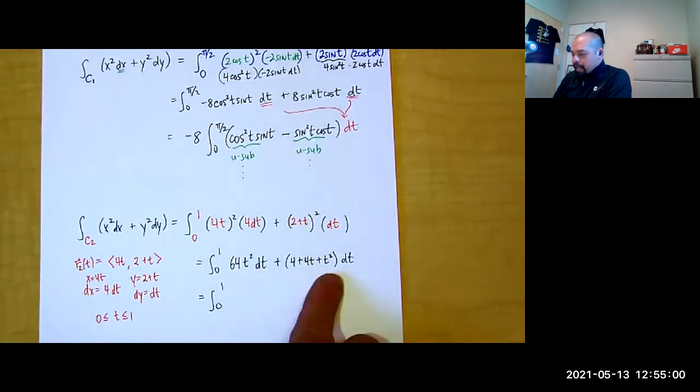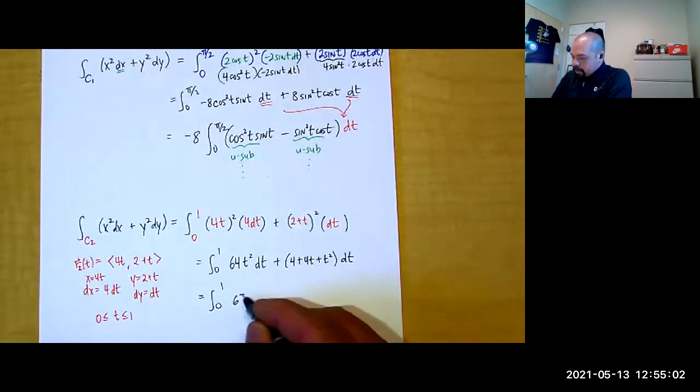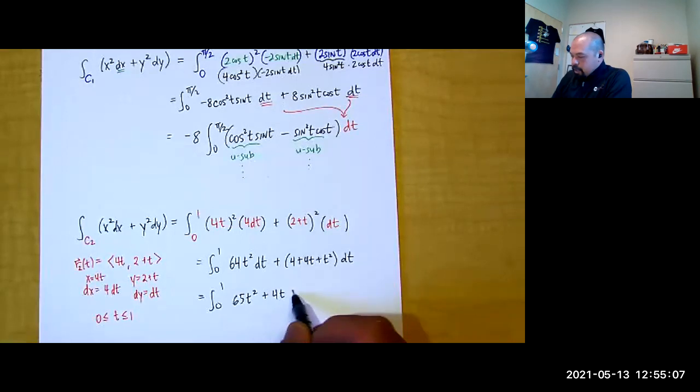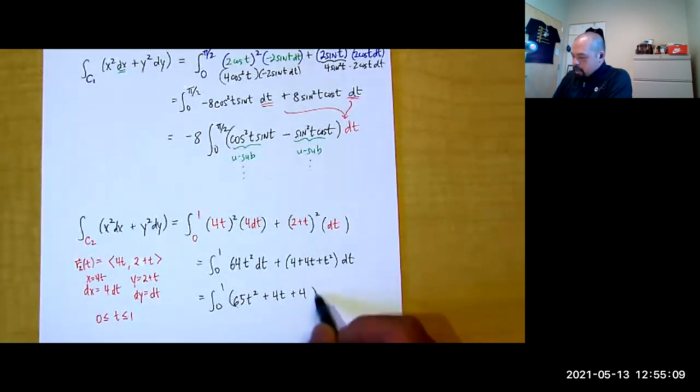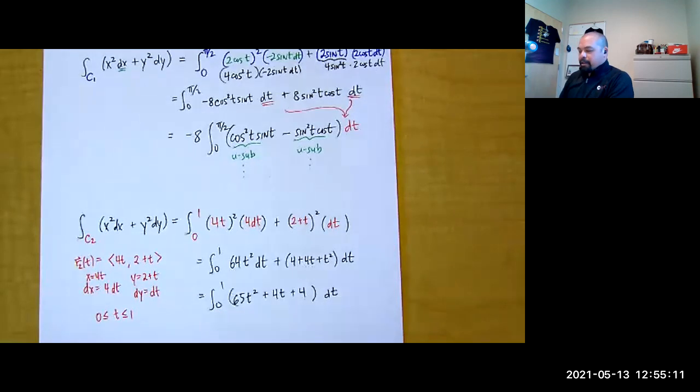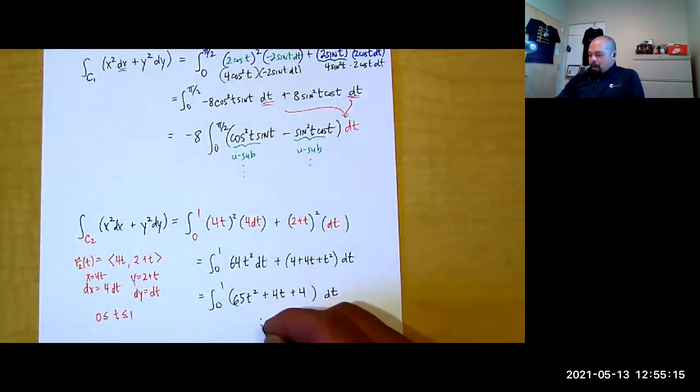Rearranging, combining like terms, 65t squared plus 4t plus 4 dt. We can factor out, or we can't factor out with that 65, pardon me. But here we are, power rule.